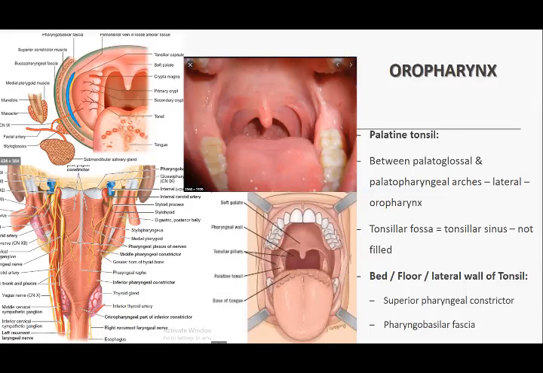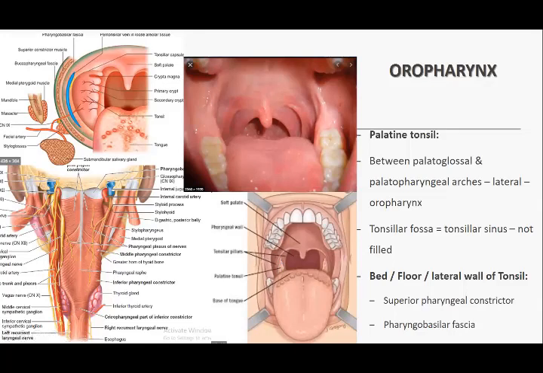Between the palatoglossal fold anteriorly and the palatopharyngeal fold posteriorly, this gap is filled by another aggregation of lymphoid tissue.